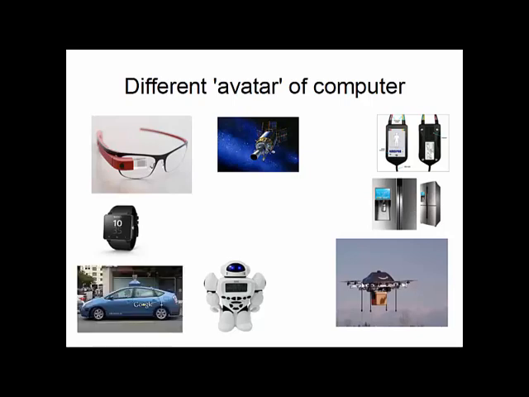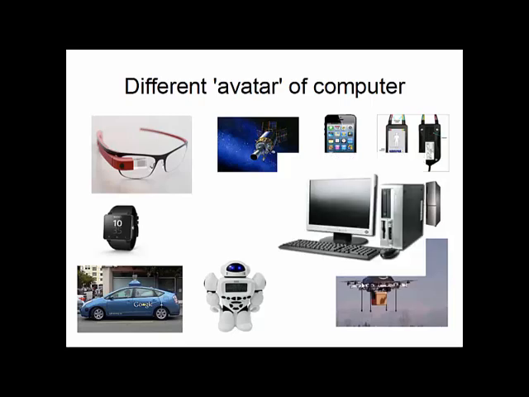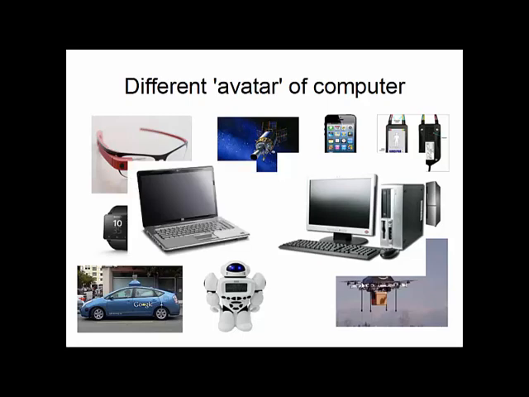And of course, we have seen this car, the Google car, around the Bay Area. So it has a computing system and a computer inside it. And of course, your smartphone is a computer itself. And then we have the more traditional look of the computer, right? This is the desktop, and there's a laptop.